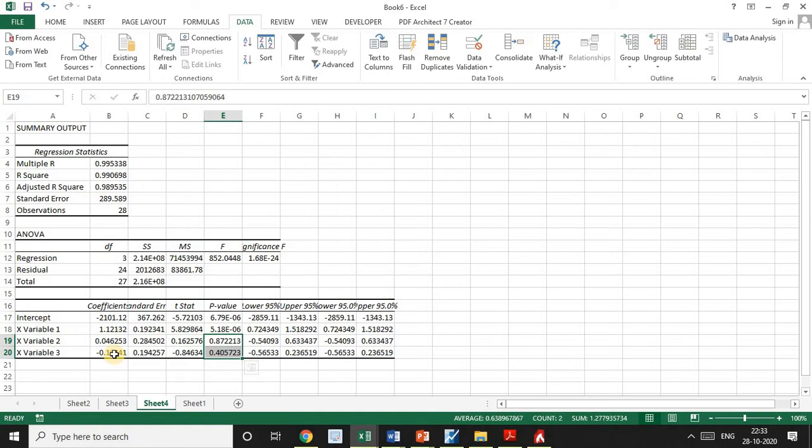When you include one more explanatory variable or one more lagged value, the positive coefficient is becoming negative. It tells us that the coefficient is not significant, as indicated by the p-value and t-value.